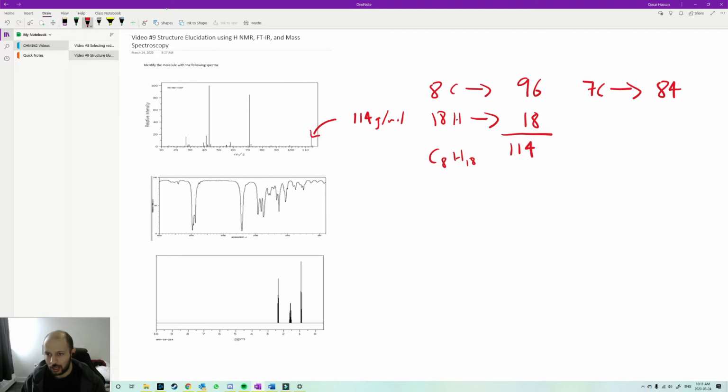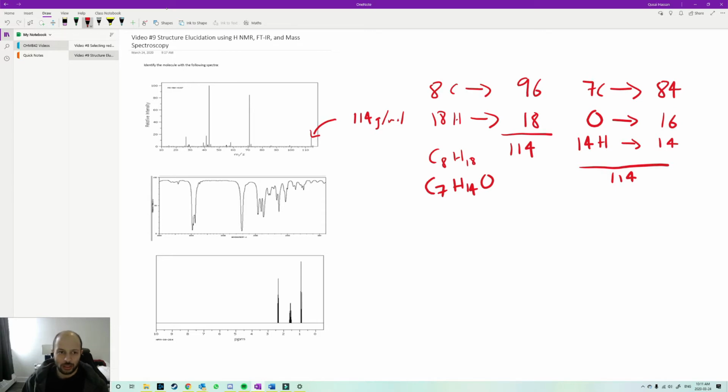The difference between 84 and 114 is about 30 mass units, which is too many hydrogens. So in this case, I'd say I have 1 oxygen, that gives me 16, and then I have 14 hydrogens, which is 14, and that gets me to 114 as well. So another possible molecular formula is C7H14O, right?